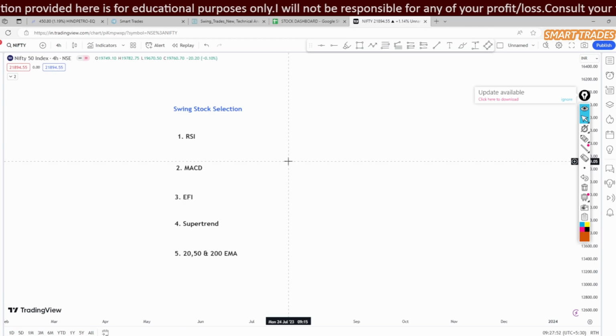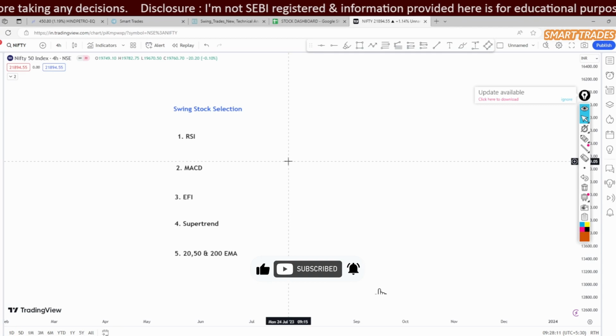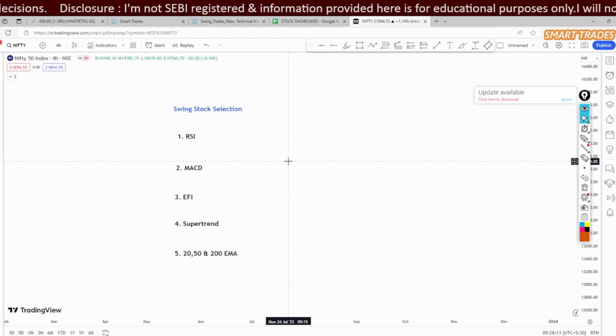One is RSI, and second one is the MACD, third one is the EFI, fourth one is the super trend, and fifth one is the 20, 50 and 200 EMA. We will discuss in detail these indicators and what values we need to set up for these indicators. So let's go, guys.